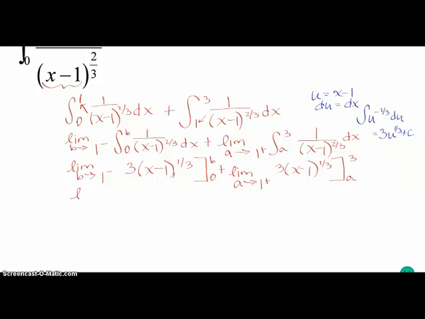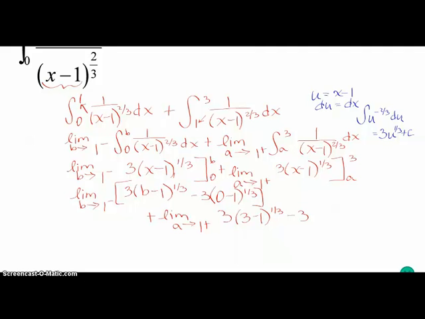So now let's plug in our upper limit and our lower limit. b minus 1 to the 1/3, minus 3 times 0 minus 1 to the 1/3. There's the fundamental theorem for this part. I'll drop down here. We're approaching 1 from the right. And we're doing upper limit, we're plugging in 3, and lower limit, we're plugging in a. All right.